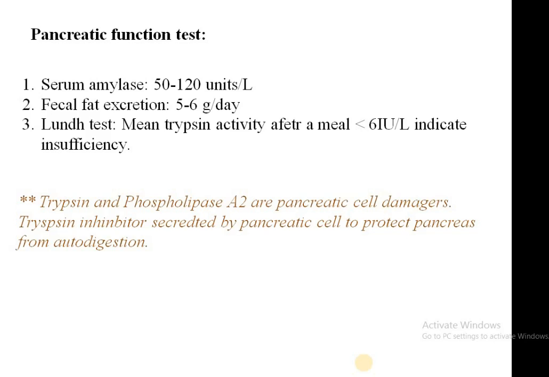But in pancreatitis, the ducts become clogged up and the trypsin inhibitor effect dampens, and trypsinogen converts into trypsin in the pancreas itself and starts digesting and damaging the pancreas. So trypsin and phospholipase A2 are the pancreatic damagers.